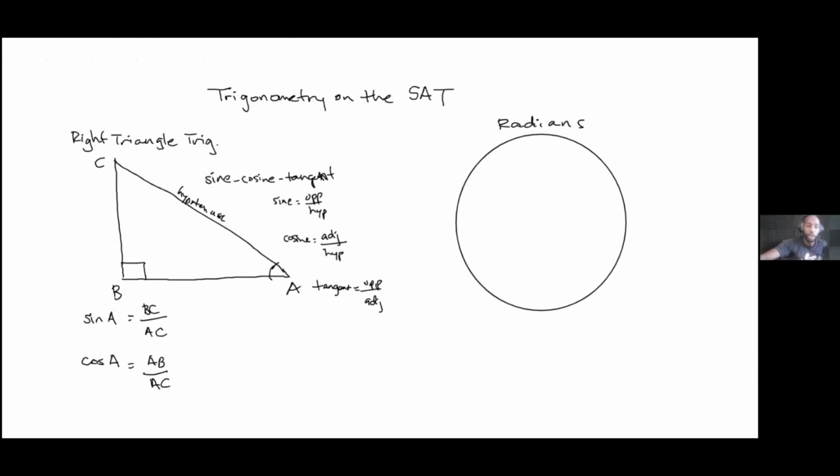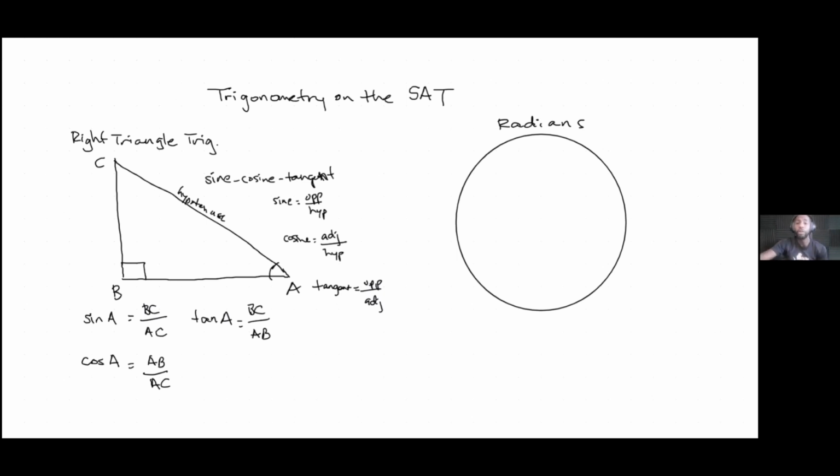So for this, the tangent of angle A will be equal to the opposite side, which is BC, over the adjacent side, which is AB. And that's the extent of the right triangle trigonometry that you're really going to need to know and understand. So that's it. And you've seen this in geometry.